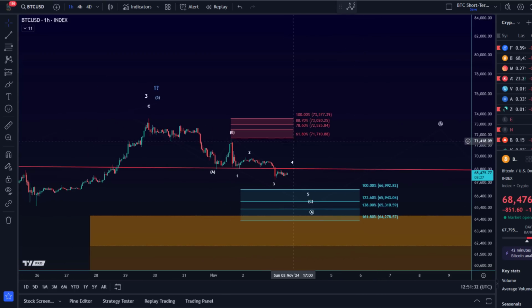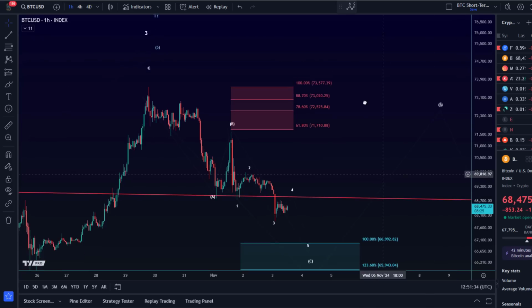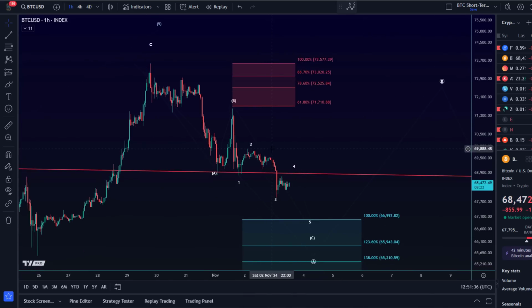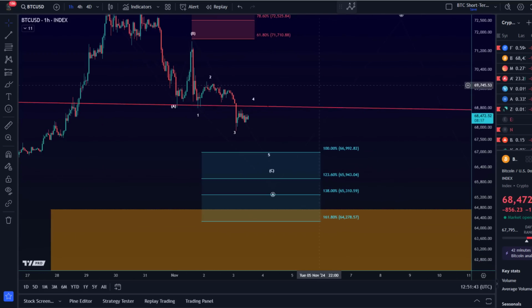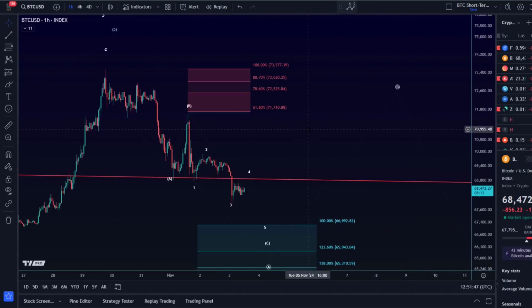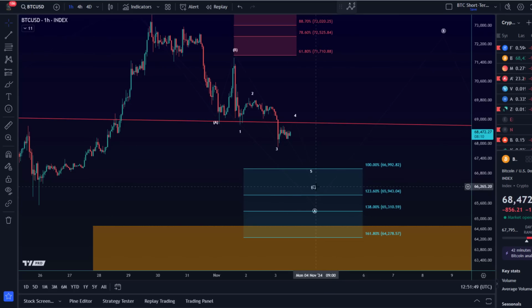We'll see what happens. However, this microstructure is only going to be valid as long as we stay below 69,930, yesterday's swing high. What would happen if we break above it? If we go higher already, I would have to assume that the C wave was short.